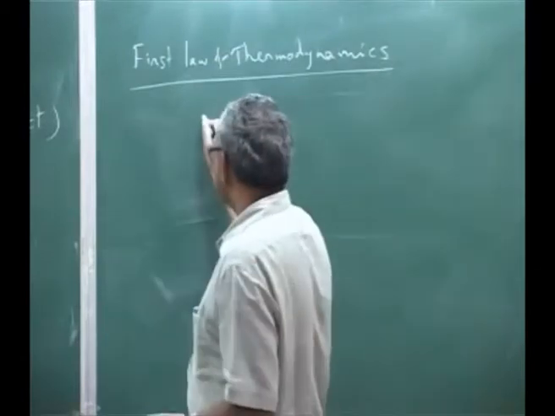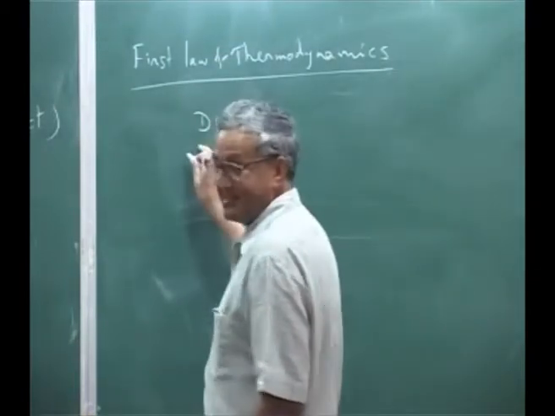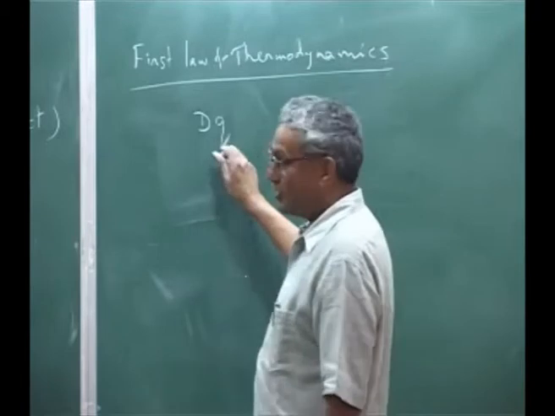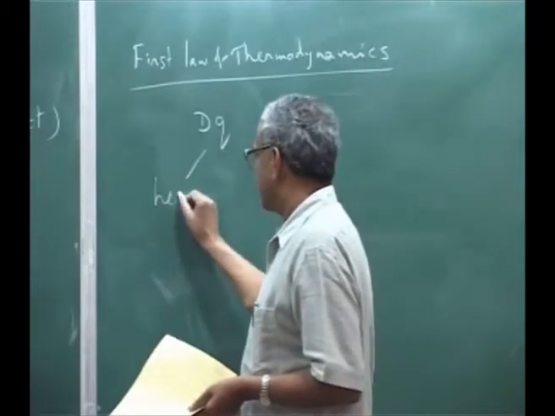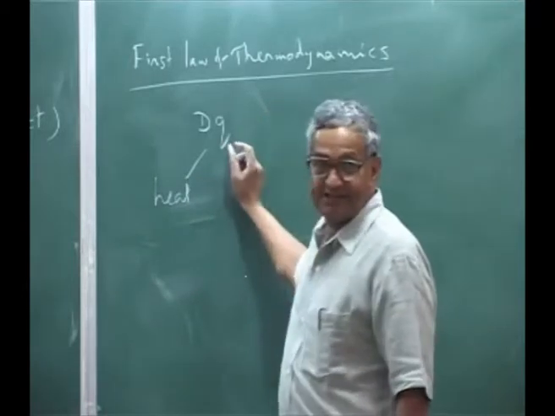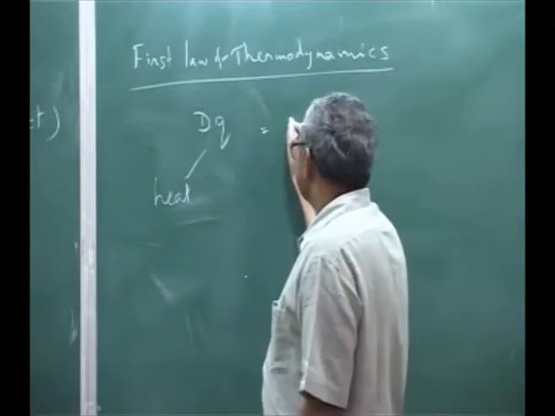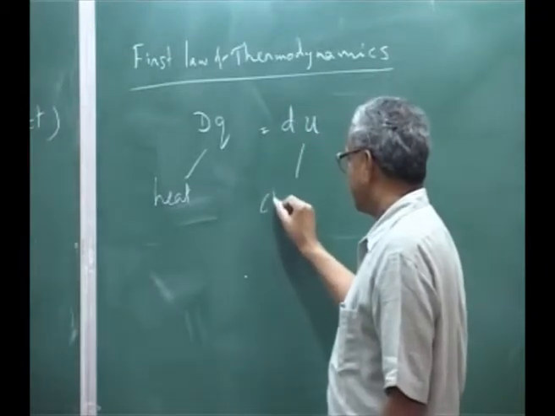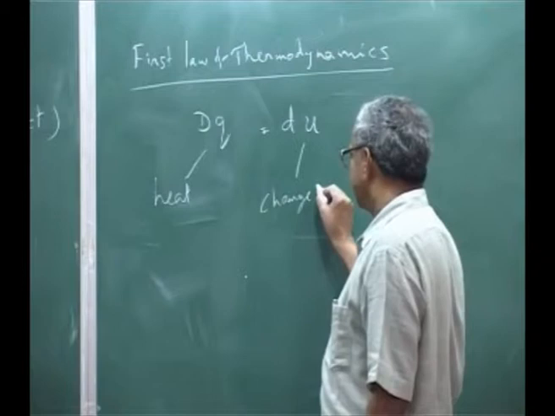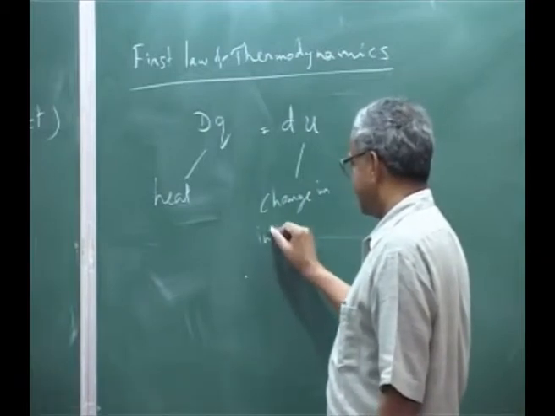So heat, you may write as dQ. This is the heat, but I am using the quantity Q, please understand, this is heat. This Q is not velocity. I am writing dU, which is the change in internal energy.